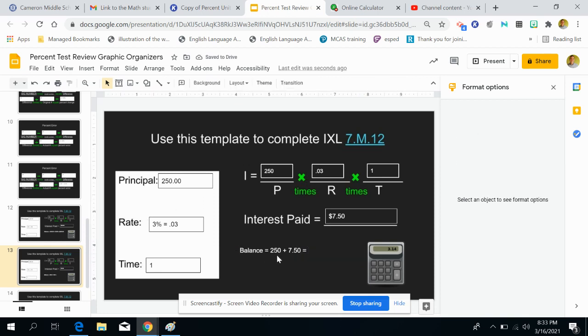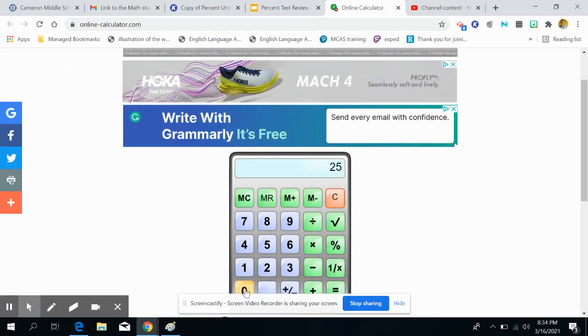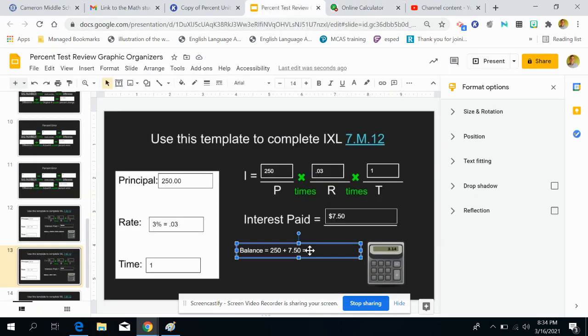Again, let's be safe. Let's use our calculator. 250 plus $7.50 equals $257.5. Again, we don't usually talk about money this way. We don't usually say I have 257 and 5/10 dollars.